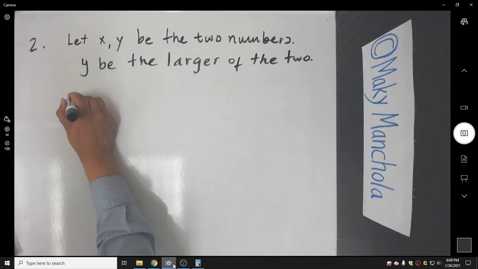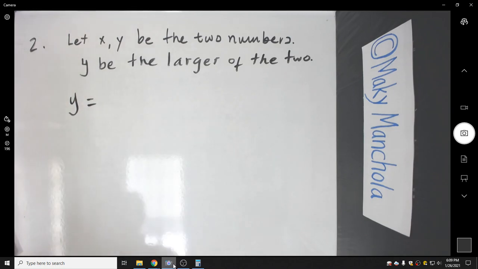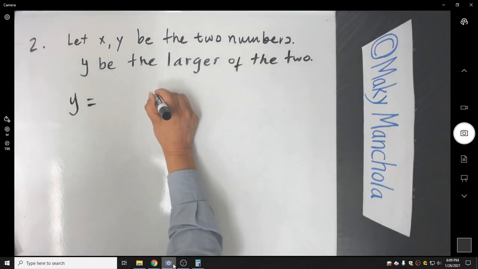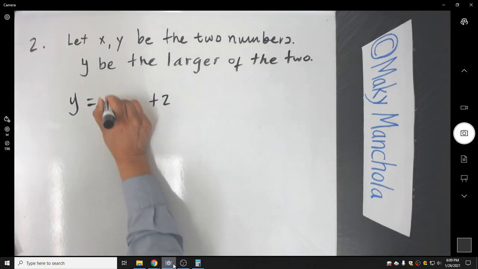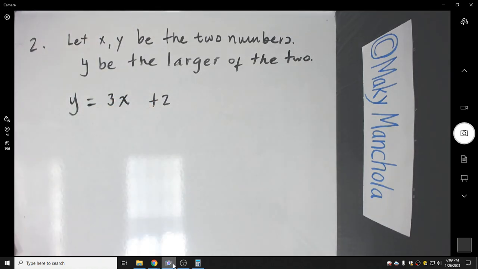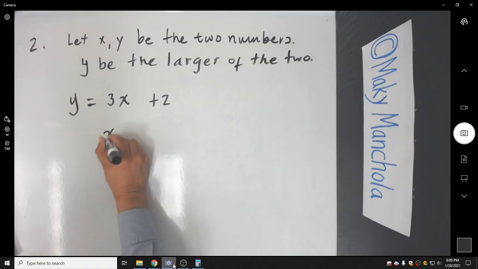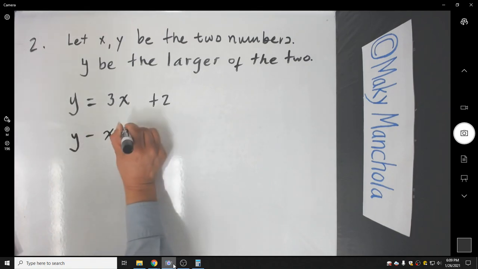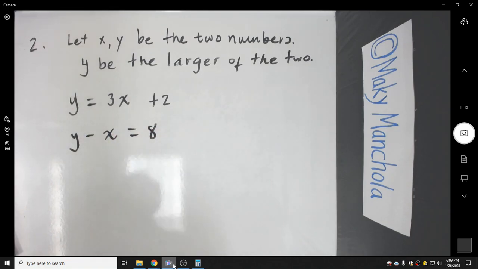So the larger number is 2 more than 3 times the smaller number. The second description says that when you subtract the smaller from the larger, you obtain 8. When you subtract the smaller from the larger, the result is 8.